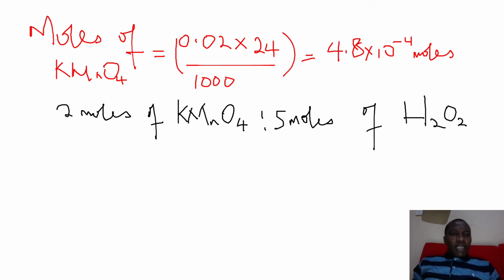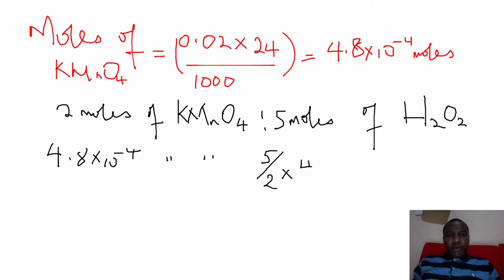Now, if that is the case, how about if I have 4.8, like I got above, times 10 to the power negative 4 moles of potassium manganate? It will react with 5 out of 2 times the same 4.8 times 10 to the power negative 4.